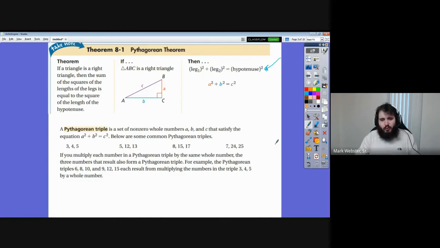You, as the person doing the problem, can sort of say, well, I want this one to be A, I want this one to be B. As long as you identify whatever this value is as the hypotenuse, because see how it's opposite the right angle. As long as this one is the same for everybody, then these two can be any of the other two.